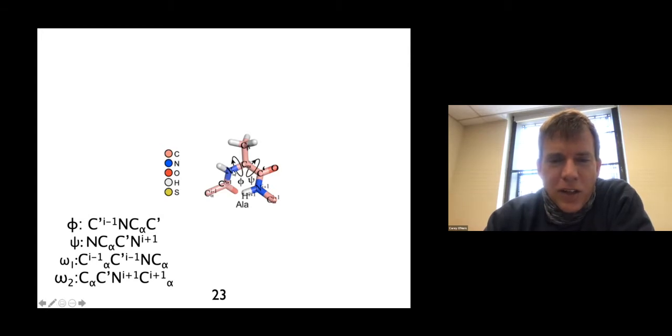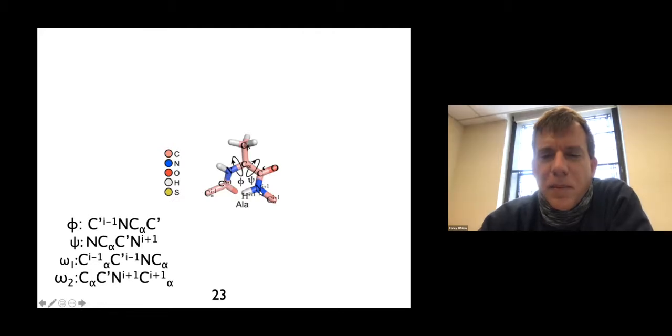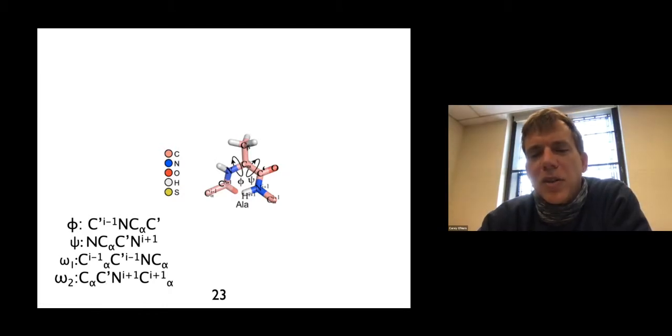Then if you shift from the carboxyl carbon to the nitrogen, you have N, C alpha, the carboxyl carbon, and then the next nitrogen from the i+1 amino acid. That dihedral angle involves 2 nitrogens, not 2 carboxyl carbons.